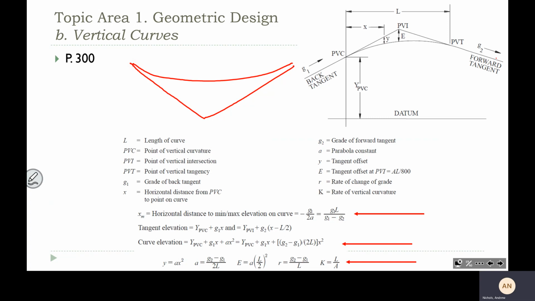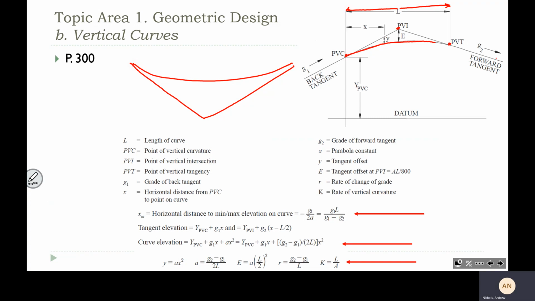The key points: where it departs that tangent, that's the PVC, the point of vertical curvature where it starts. You've got the PVT where it ends, and then the PVI up here is where those two tangents intersect. And that L, I think this question came up yesterday, is not measured along the curve, the L is measured in the horizontal plane.